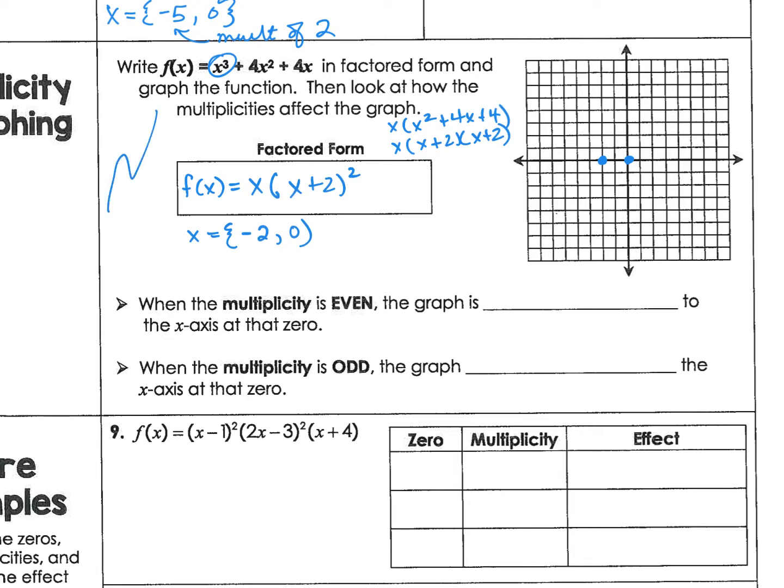Which means at this point it should be going down, shouldn't it? Because that's the end behavior. Now, we know that that multiplicity is 2, which means it's even, which means it just bounces off, doesn't it? Which means it's got to turn back around again. But now look, we've got another 0 at 0, which means it's going to have to turn around again, won't it?